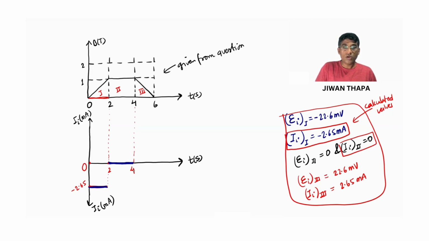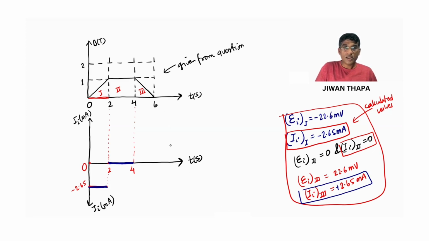Now for region third, it is positive, positive 2.65 milliampere.